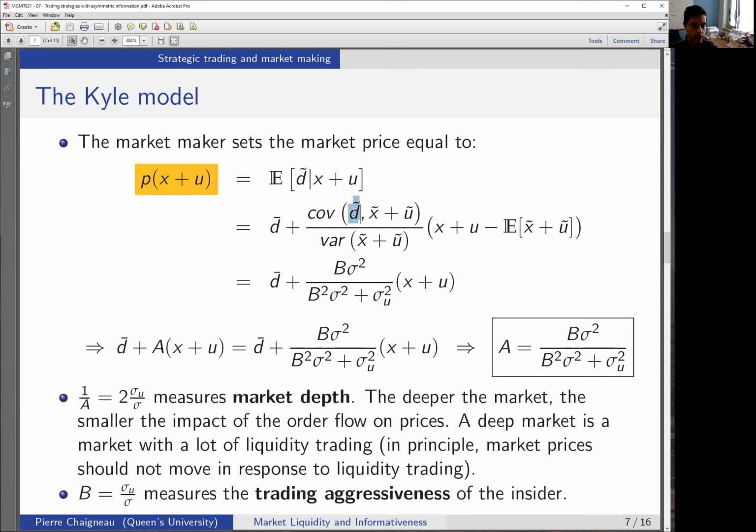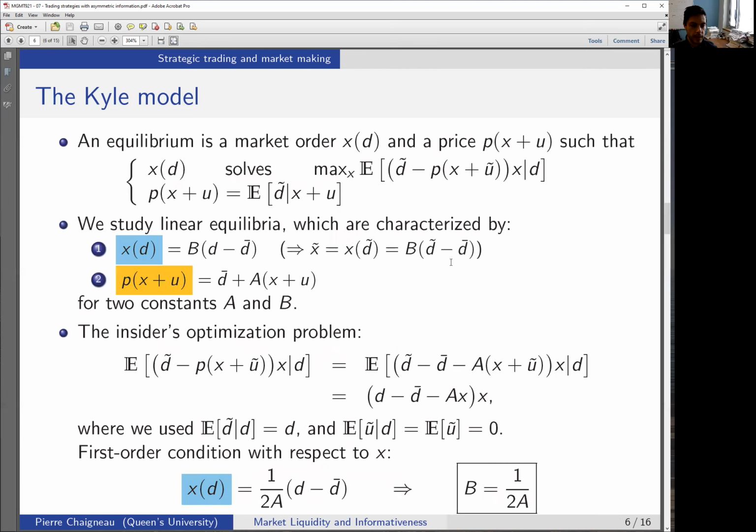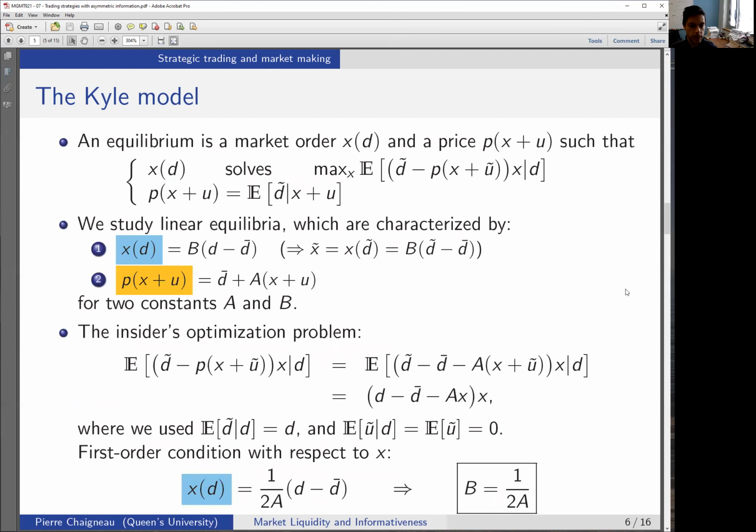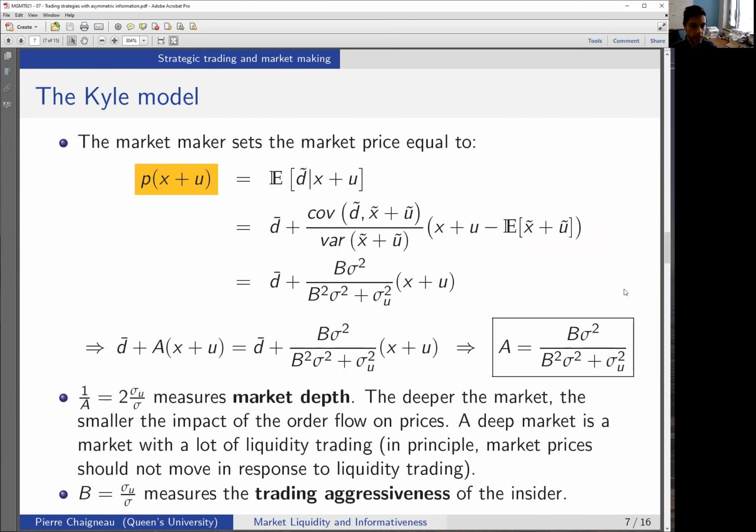We're going to get the covariance between D tilde and U tilde. And what is this equal to? Well, we remember that U is independent of D tilde, so the covariance will be equal to 0. So this whole covariance here will simply be equal to the covariance between D tilde and X tilde.